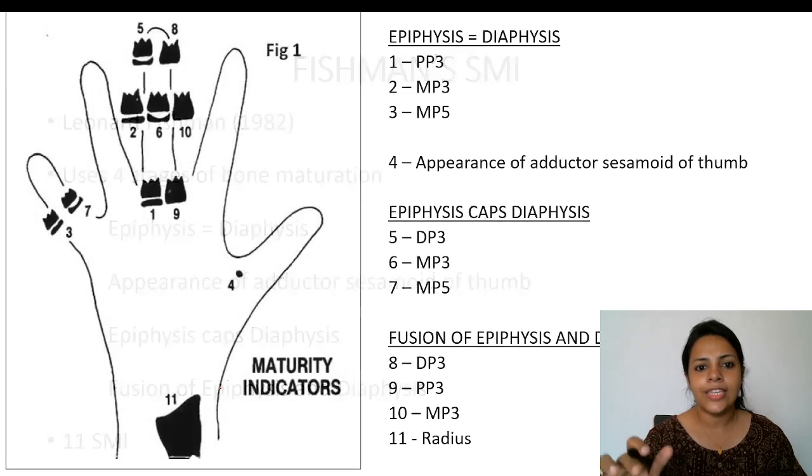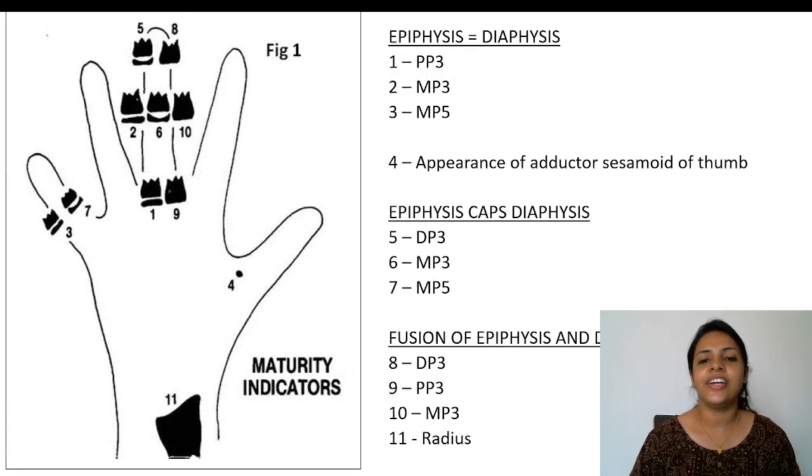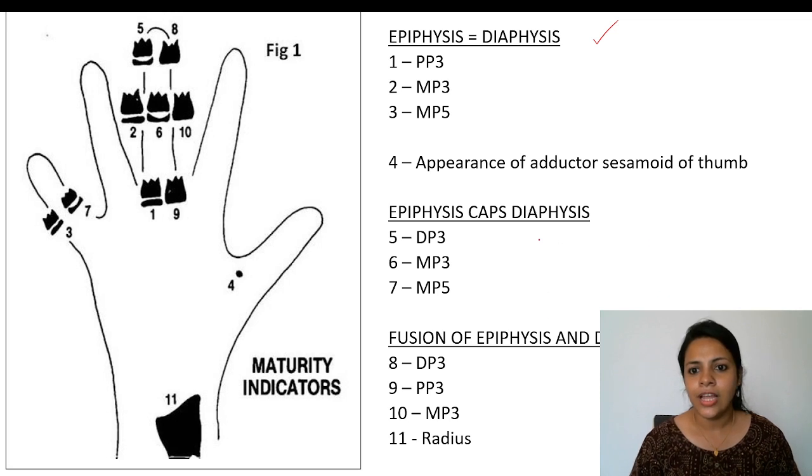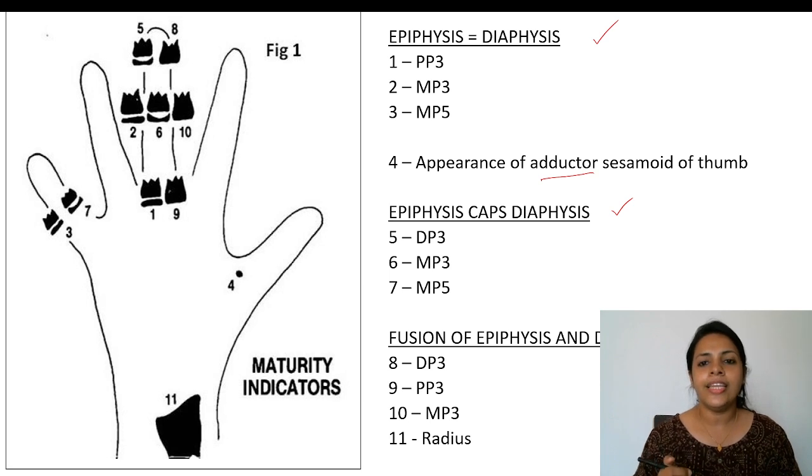So let's see what exactly comes under Fishman's skeletal maturity indicators. As we already mentioned, the 4 stages: the epiphysis is equal to diaphysis, appearance of the adductor sesamoid, epiphysis caps the diaphysis, fusion of epiphysis and diaphysis. Under these 4 headings, we have many stages.